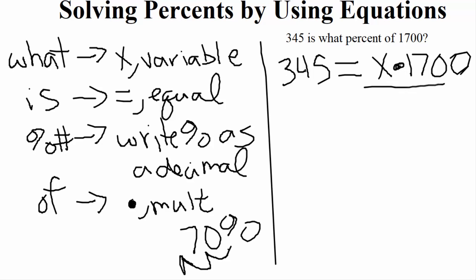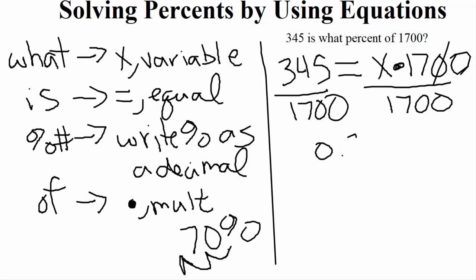To solve this equation for x, all we would have to do is divide out that 1,700. On the right-hand side, it would cancel. And on the left-hand side, we need to do 345 divided by 1,700, and that's going to give us 0.203.